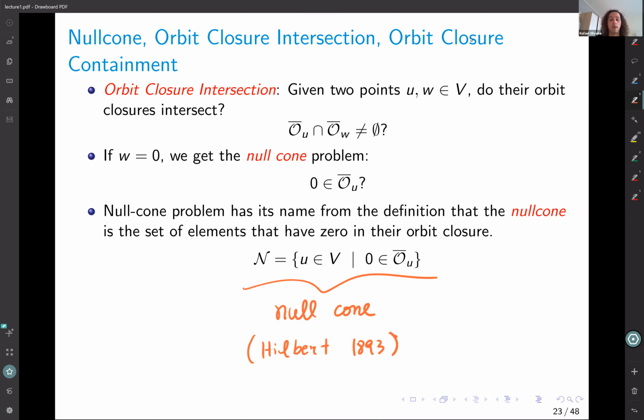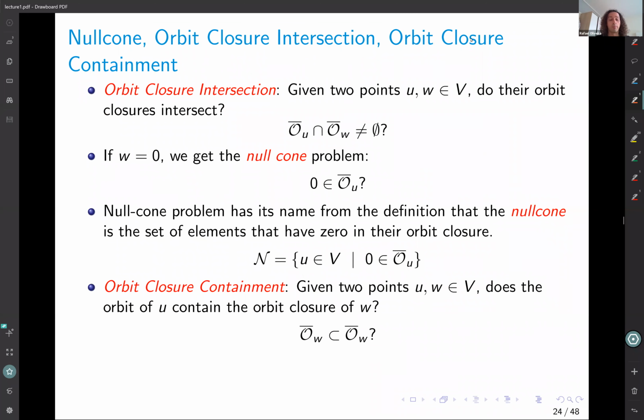The orbit closure containment is the other problem. As we saw before, two orbit closures can intersect in the case of the conjugation action, but one orbit closure can also be fully contained in the orbit closure of the other one.